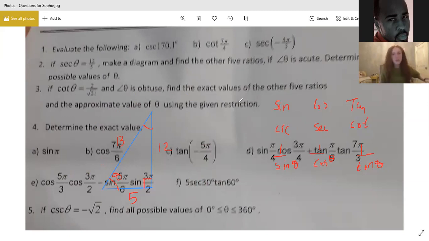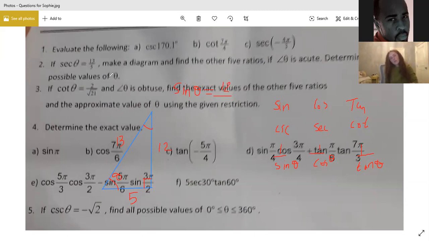I found my notes from last week. I found the 2 valid answers within the 0 to 360. So you use sine, you said? Sine of theta equal to opposite over hypotenuse, 12 over 13? Oh wait, what number are we doing? I'm doing number 5.